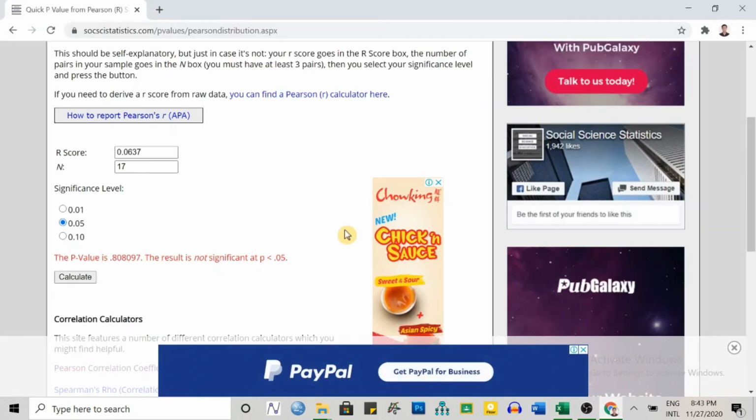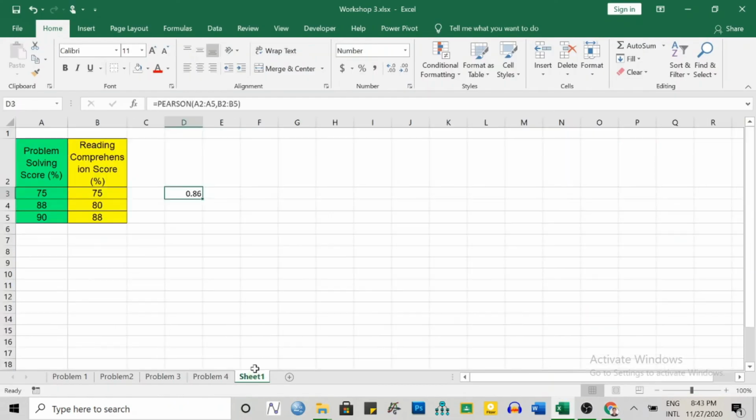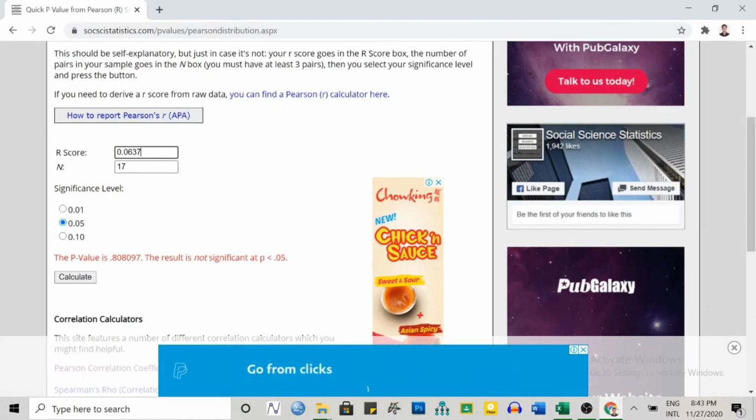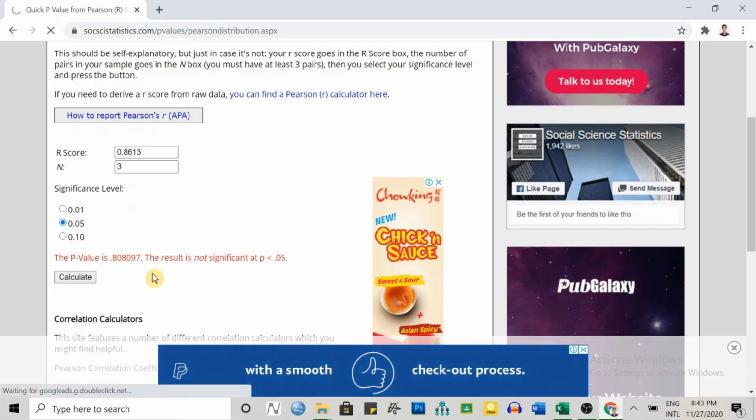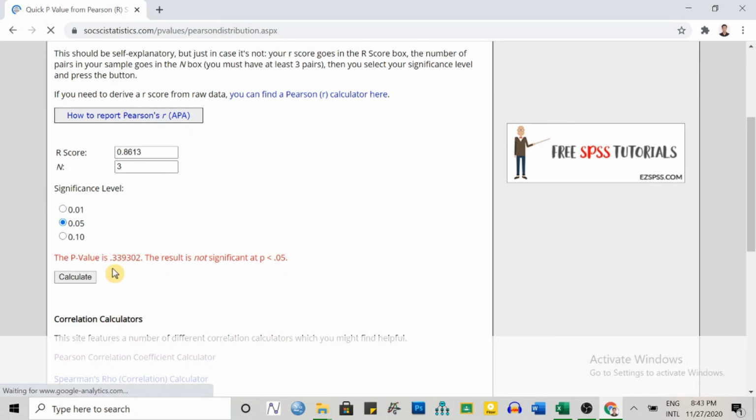However, if we take that coefficient so that we would know the corresponding probability value, remember, the number of observations is 3 because there are only 3 students. If we put it here, we change this to 3 and calculate the corresponding probability value, it would give us 0.34.